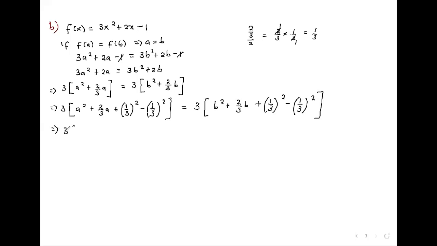So now we have 3, and then we get a plus 1 over 3 squared minus, we expand this one now, it becomes 1 over 9. Because 3, we get b plus 1 over 3 squared minus 1 over 9. Then expand.